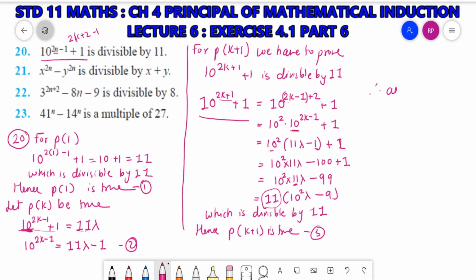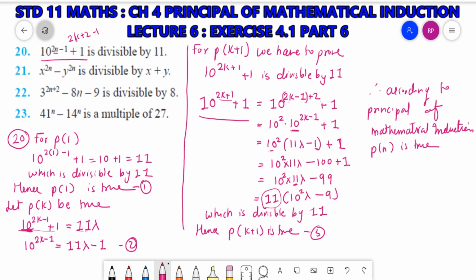Therefore, according to the principle of mathematical induction, P of n is true for every n belonging to N.